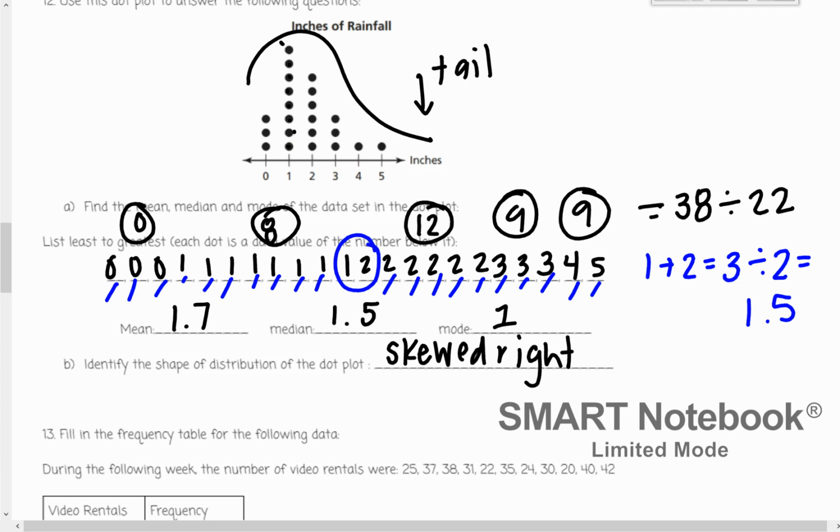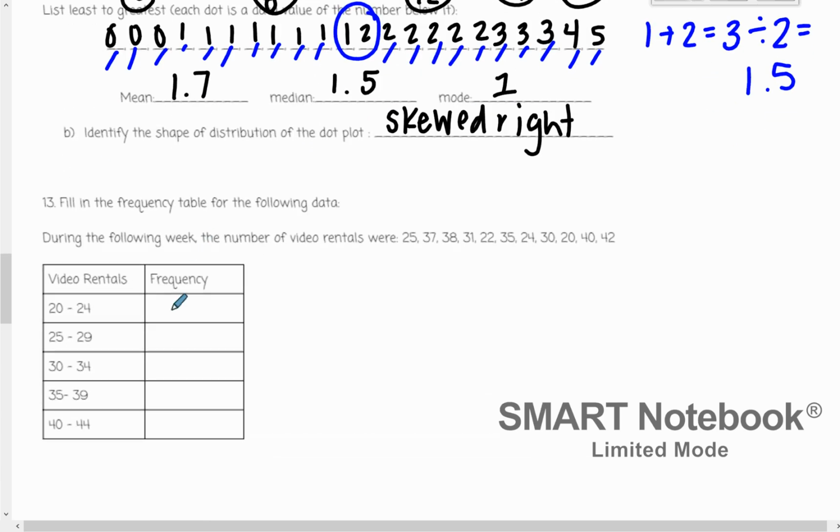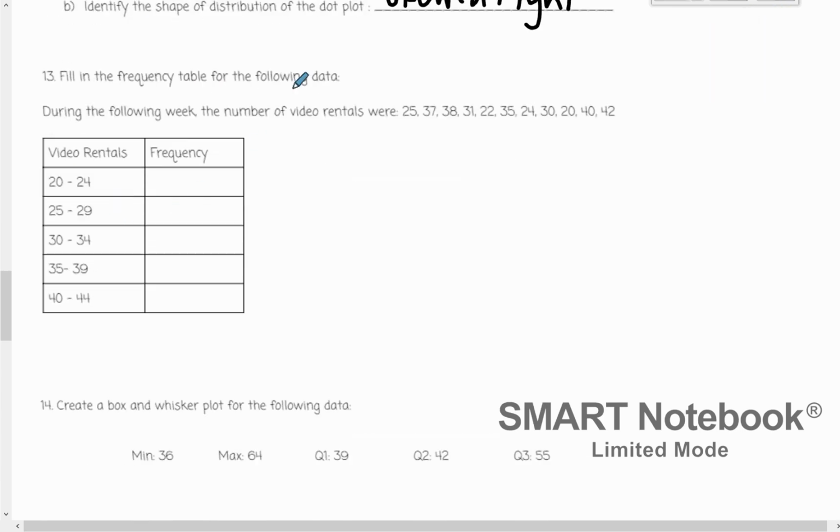All right, Number 13, fill in the frequency table for the following data. So we're just organizing this data into a frequency table. So we have a 25 that would go in this interval. 37 would go in this interval. 38 would also go in that interval. 31 goes here. 22 goes here. 35 goes here. 24, 30, 20, 40, 42.